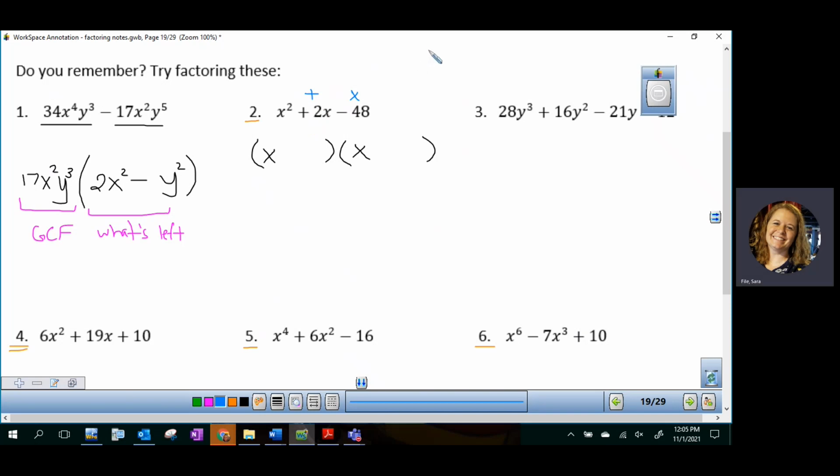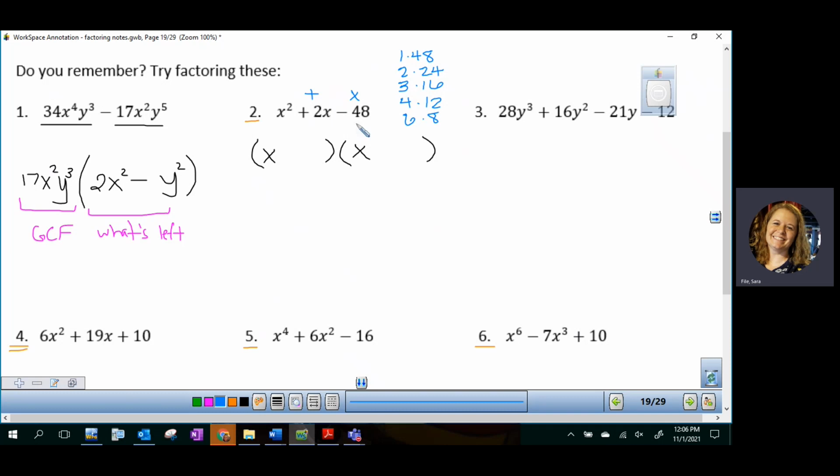If you need to, write out the factors of 48. So that could be 1 and 48, could be 2 and 24, 3 and 16, 4 and 12, 6 and 8. Okay, so those are all different factors of 48.